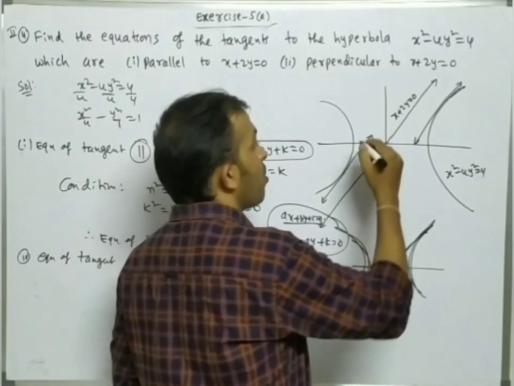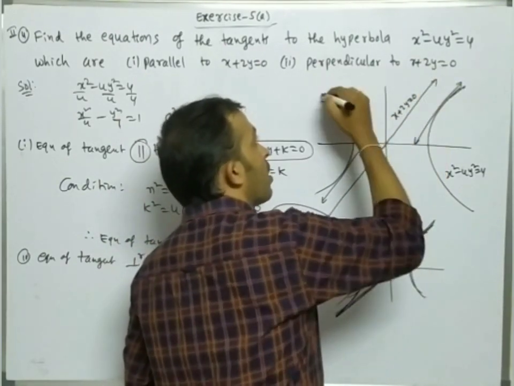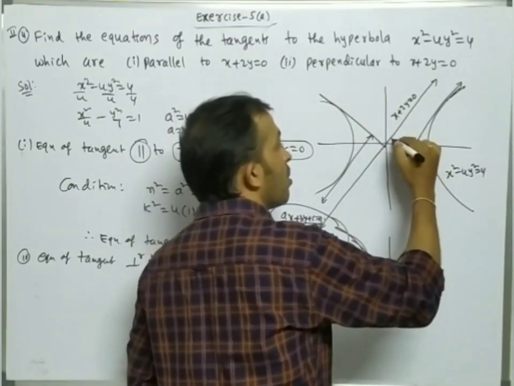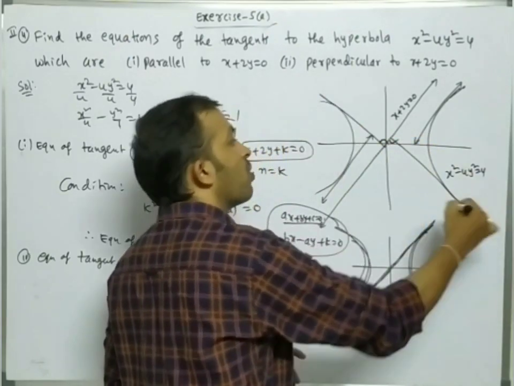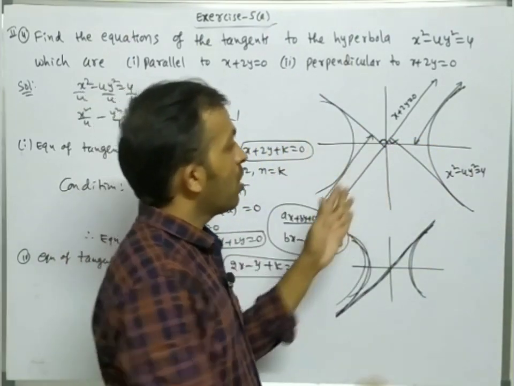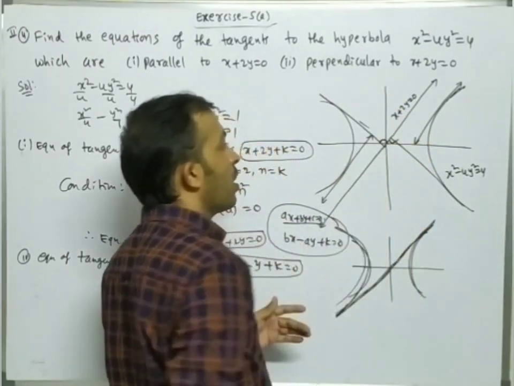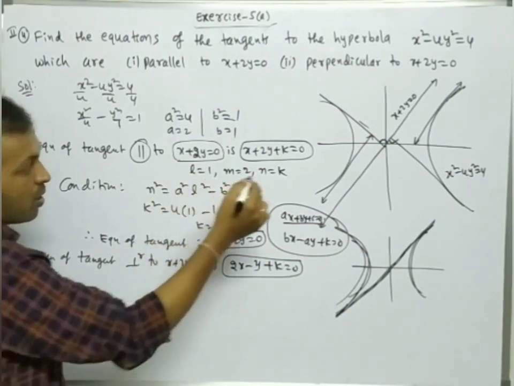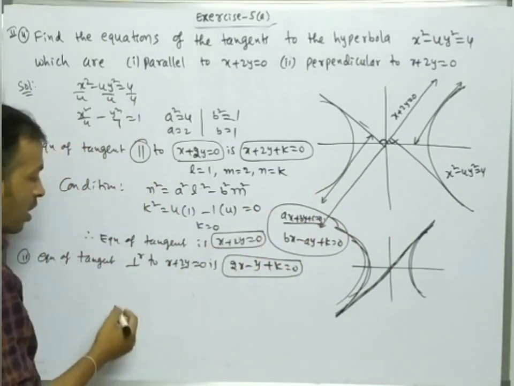Here also we have infinitely many perpendicular lines to this. In those infinitely many, maybe two or only one; one means like this one, two means like this. So we should find those.